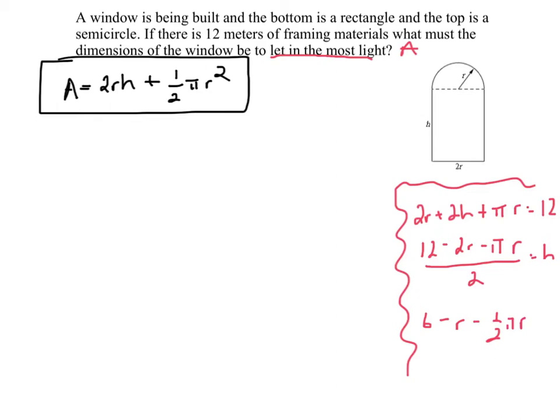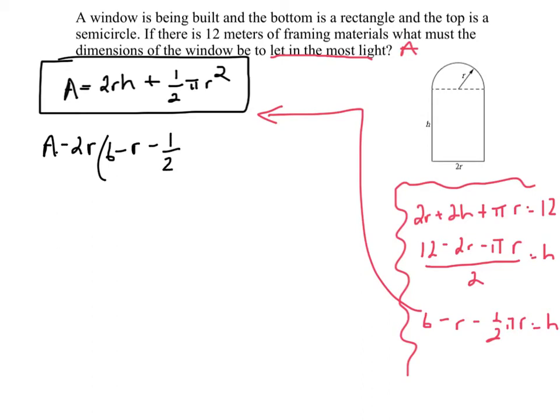So now we're going to take our constraint equation and put it back into the area. Okay, we know that this is equal to h. So area is equal to 2r times h, so 6 minus r minus 1/2 pi r, plus 1/2 pi r squared.